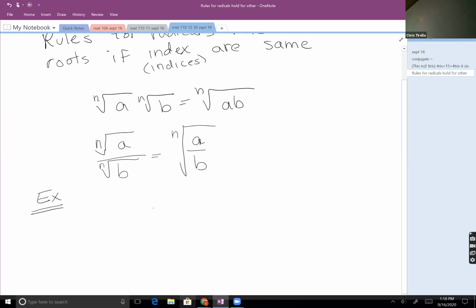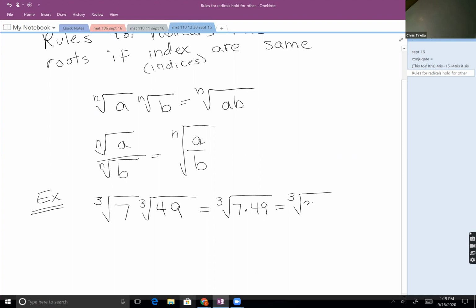So how is that going to work? Let's say I have the cube root of 7 times the cube root of 49. Because they have the same index, I can multiply to get the cube root of 7 times 49. If you're a glutton for punishment, you'd multiply that out.